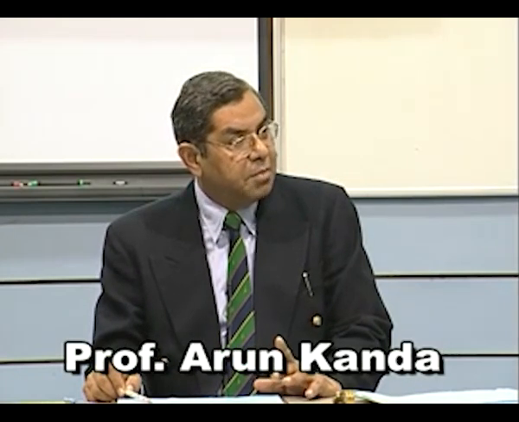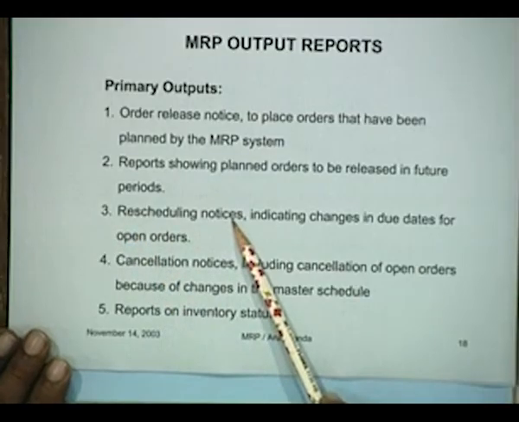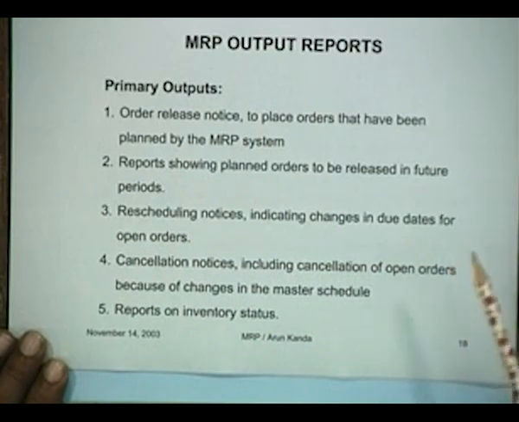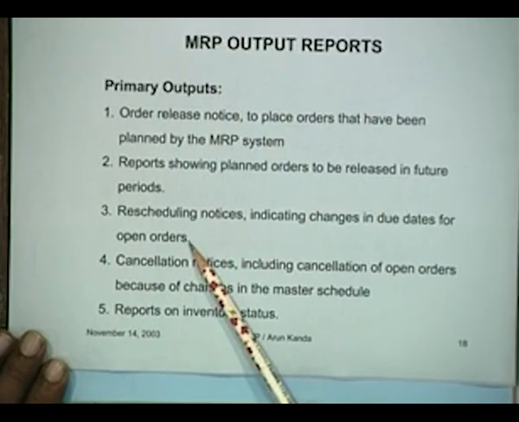So there is a change in the MPS. So then again you can run the MRP system again and do this rescheduling notices, which will tell you what is the additional number of items that you would require of different types for various kinds of open orders. This information is available.